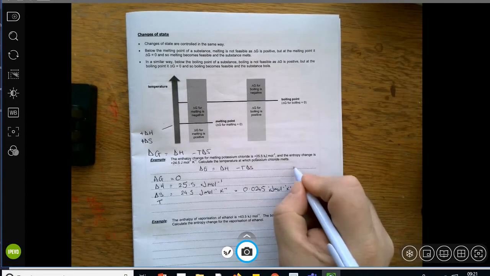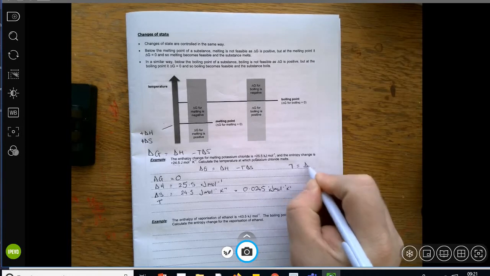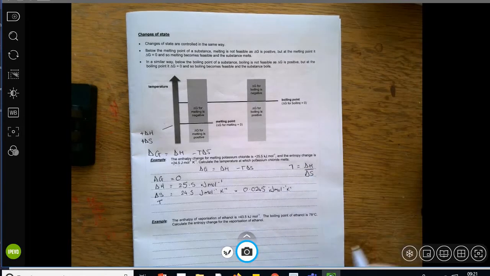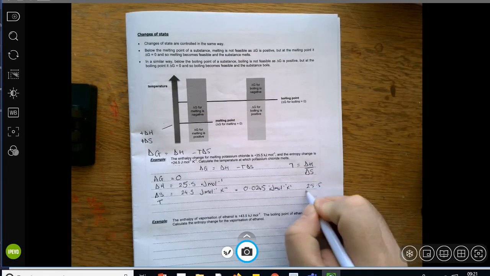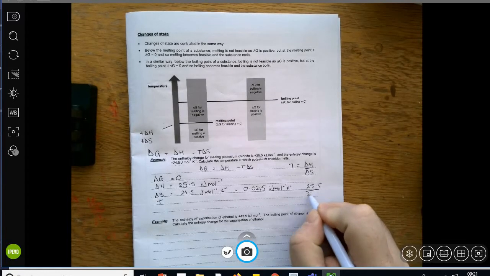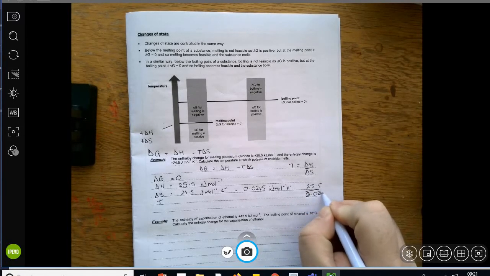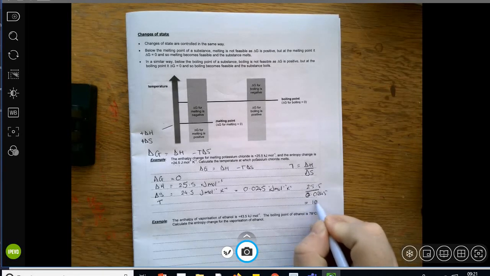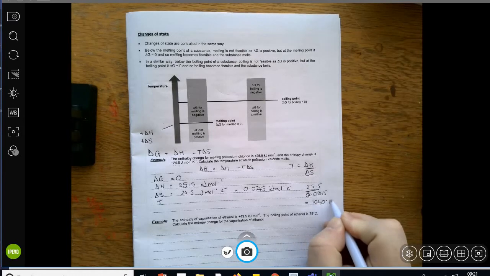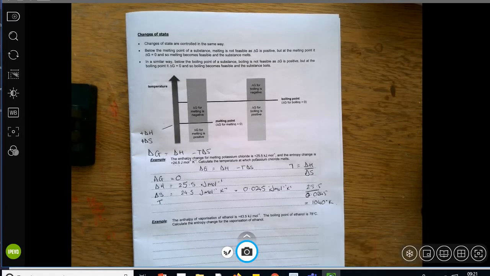Now from the previous calculation we worked out that T is equal to delta H divided by delta S, so we've got 25.5 divided by 0.0245. So the temperature for this would only be feasible if it was over 1040 Kelvin. Is that okay so far? Do you understand that? So all I'm doing is structuring this exactly the same. I've got my equation, I've written down these and then done the conversions, and then I've put the values down the side.